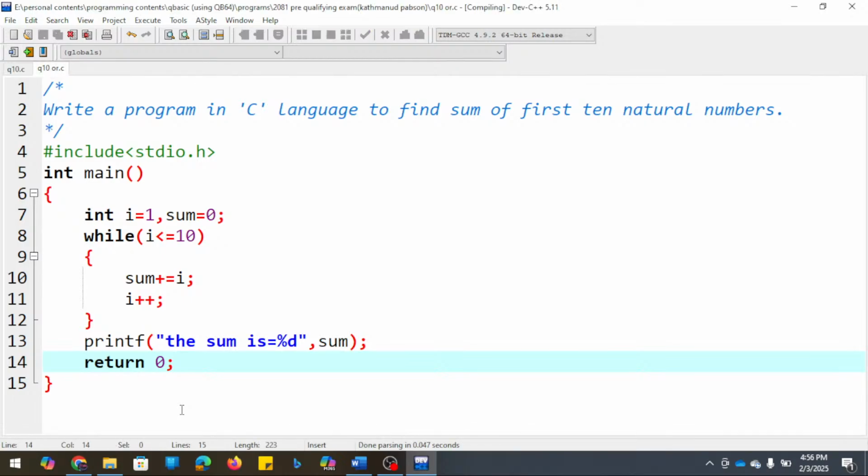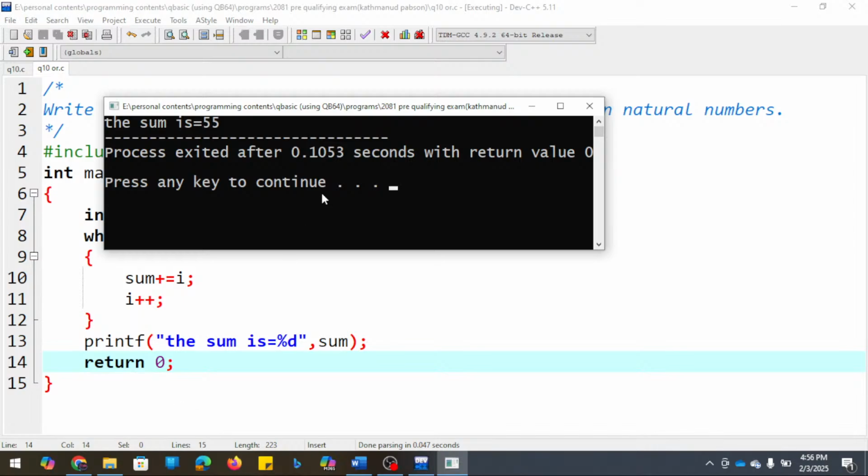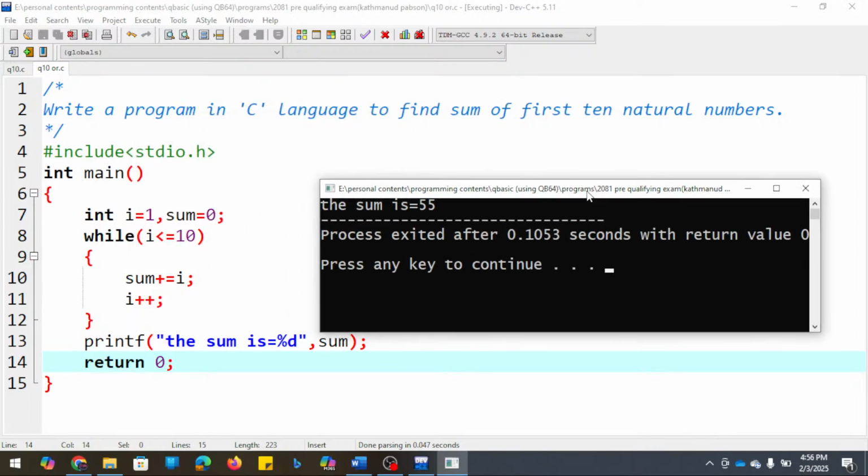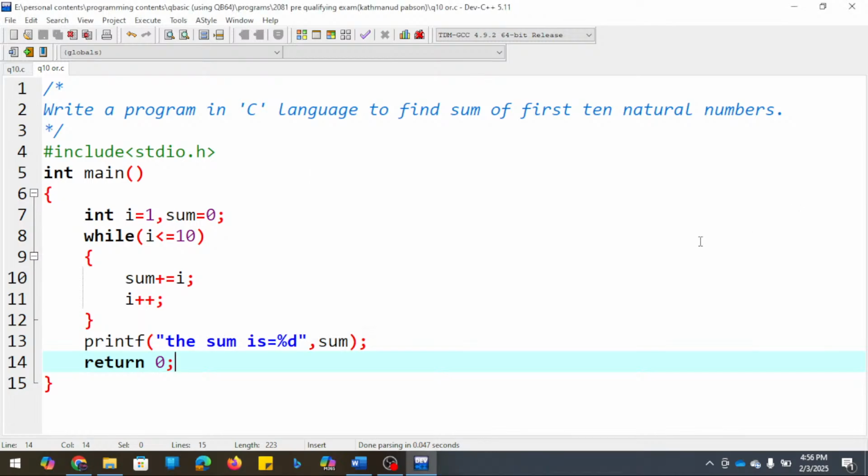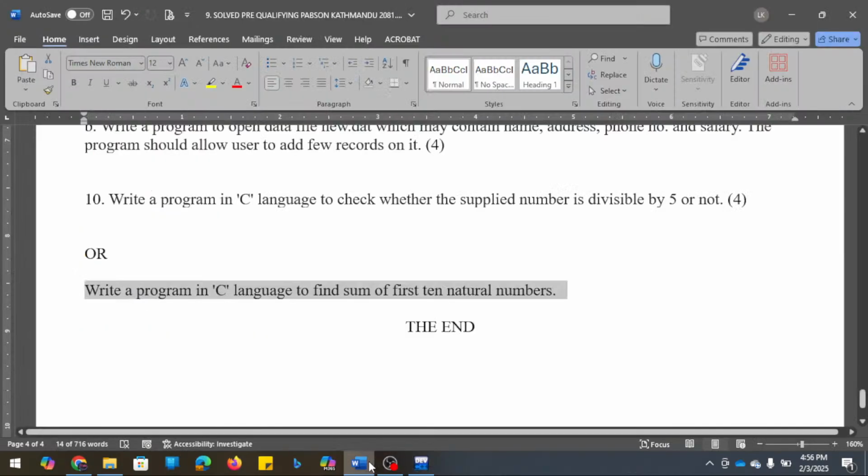Let's run it. So look here, we have got the output. Sum is 55 from 1 to 10. So nothing more we have to do there. We are only asked to find the sum of the first 10 natural numbers. So it's a very simple way we can write the programs and we can get an A plus easily.